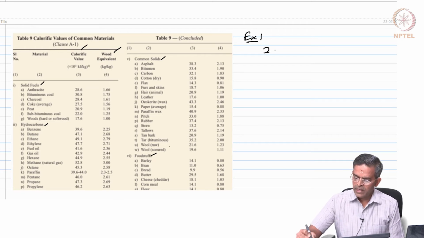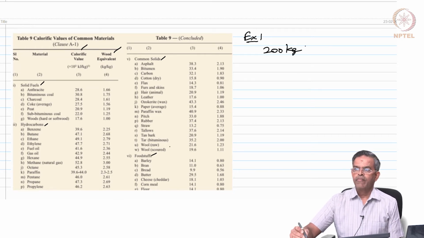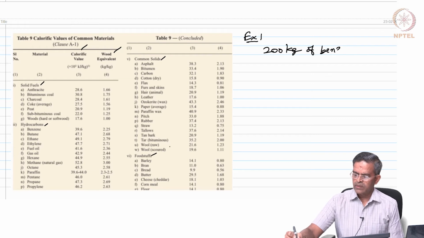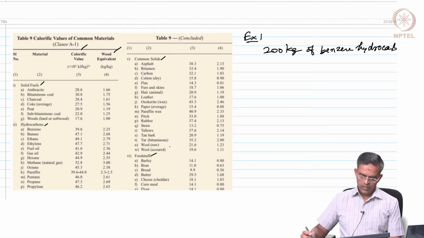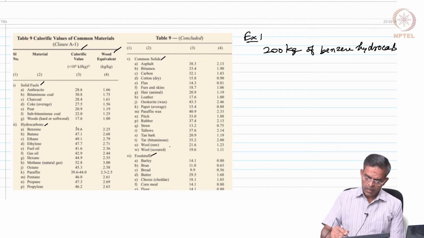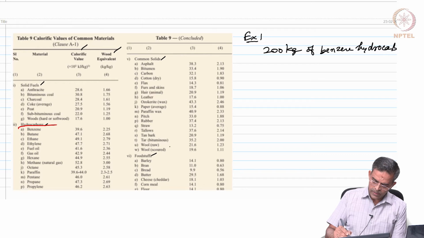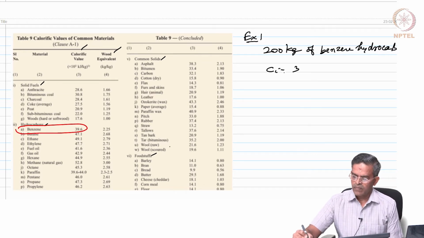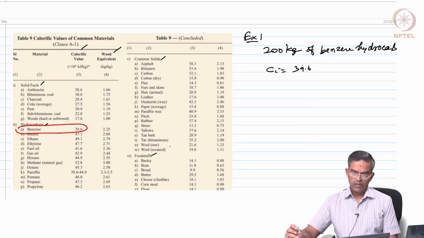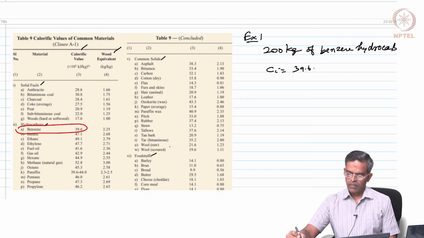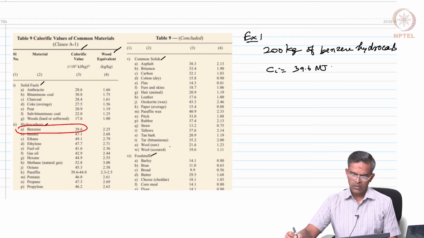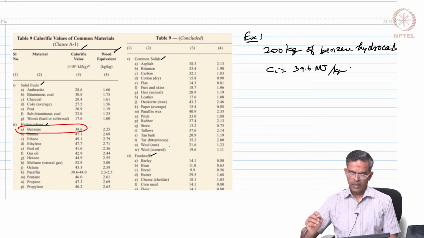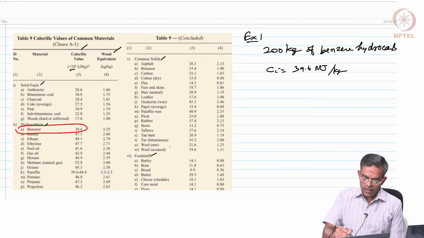Let us say there is a presence of 200 kg of benzene hydrocarbon. If you look at benzene hydrocarbon, the calorific value is 39.6 megajoules per kg, because 10 power 3 I have taken as megajoules.